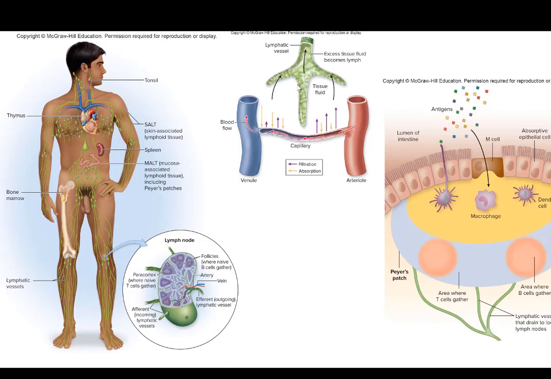Are PRRs intracellular or extracellular? It depends on the PRR. Name intracellular PRRs. NLRs and RLRs. What would be extracellular PRRs? TLRs on the surface will bind to anything that's outside of the cell, especially on macrophages and dendritic cells.